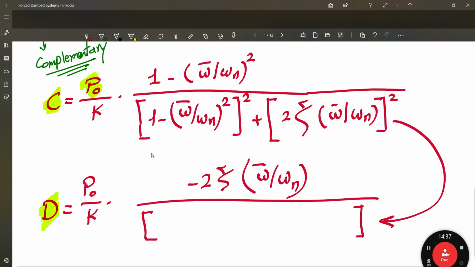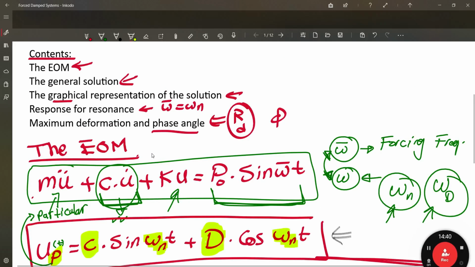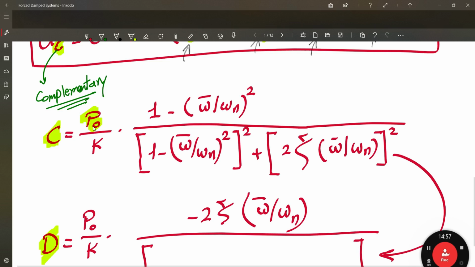P node is the amplitude of the force. Because it's sinusoidal or harmonic, P node is the maximum force: if sine omega bar t is 1, then P node is the maximum amplitude of the force applied. K is the stiffness of the system.